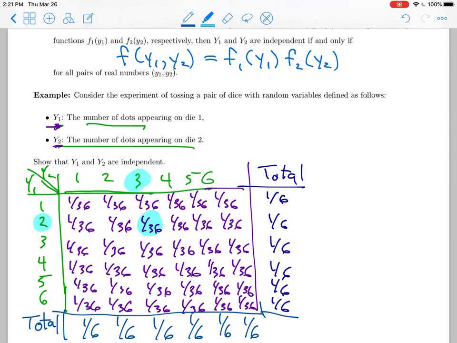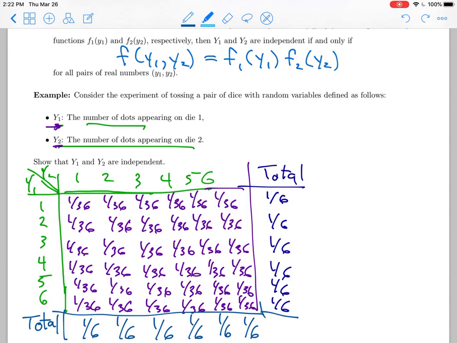That is that 1/36 we could also find by taking this 1/6 times this 1/6. And that's true all the way throughout this table. We can take the product of each of the marginal probabilities to get the joint probabilities.